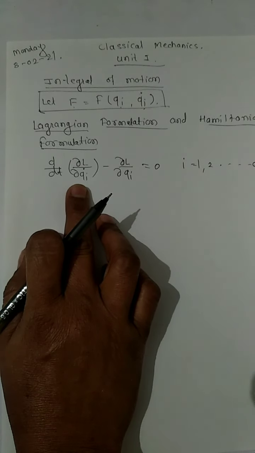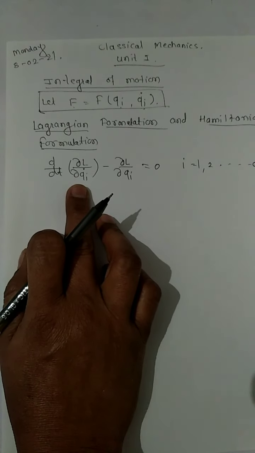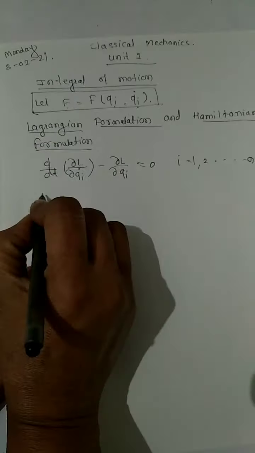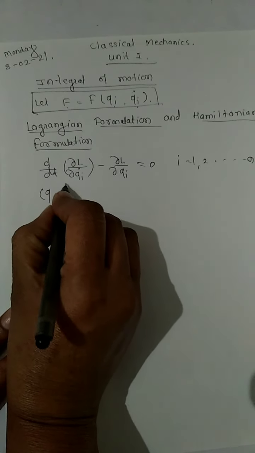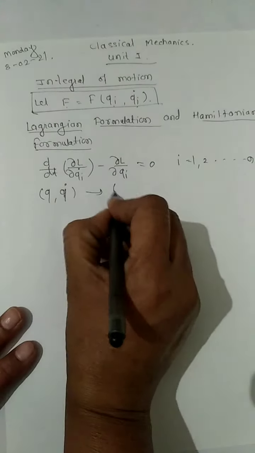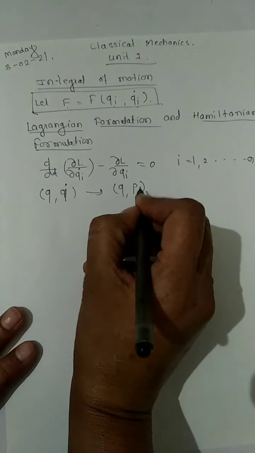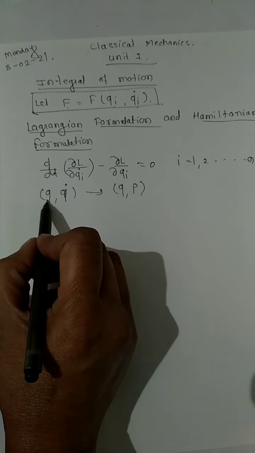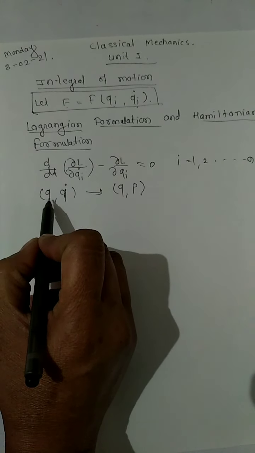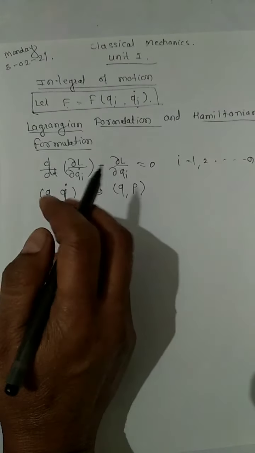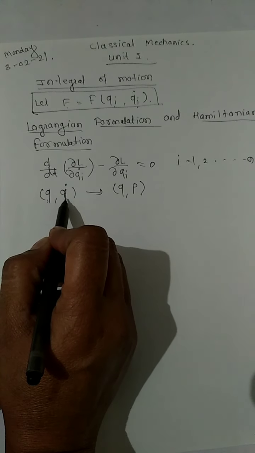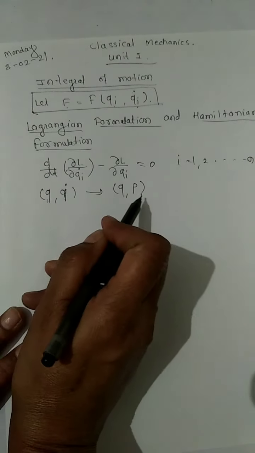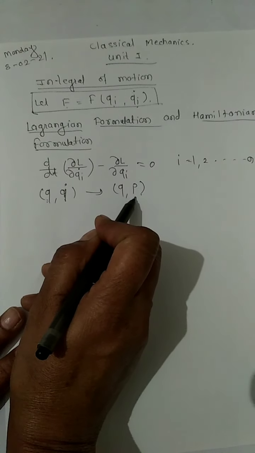This transformation is provided by the Legendre transformation, from q, q dot to q, p. Here del L upon del qi dot is the momentum, represented by p.